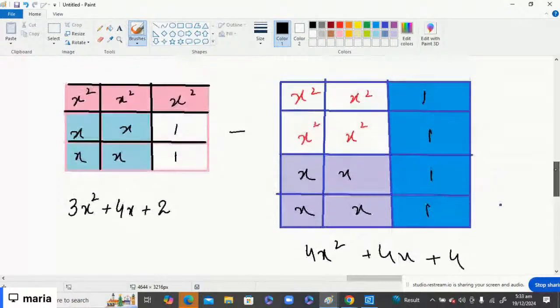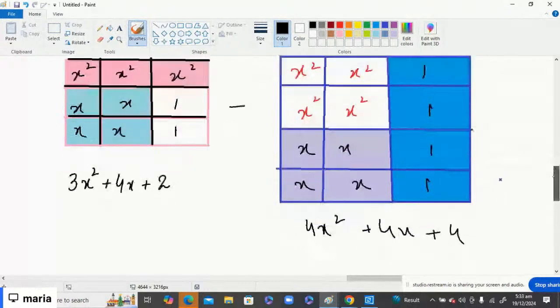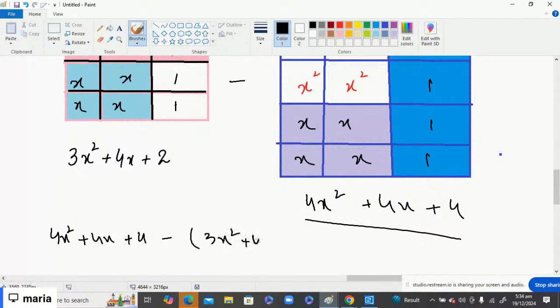Subtraction out. So look at here. When you are going to subtract, like the bigger to smaller, okay, we are going to subtract the bigger number to the smaller number, like this number to that. So this becomes 4x square plus 4x plus 4 minus 3x square plus 4x plus 2.